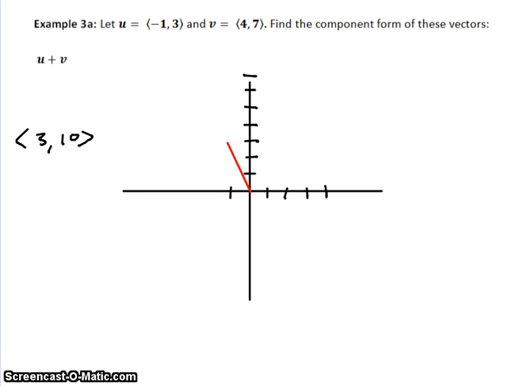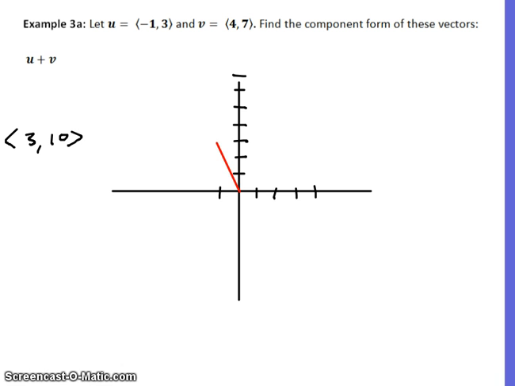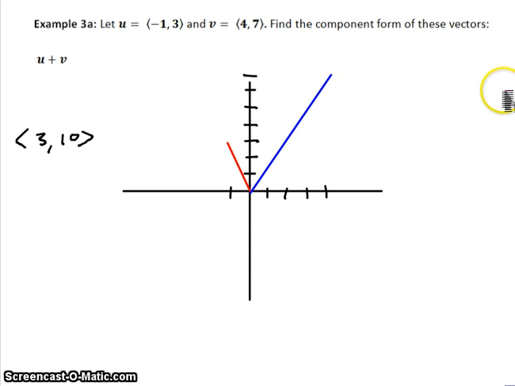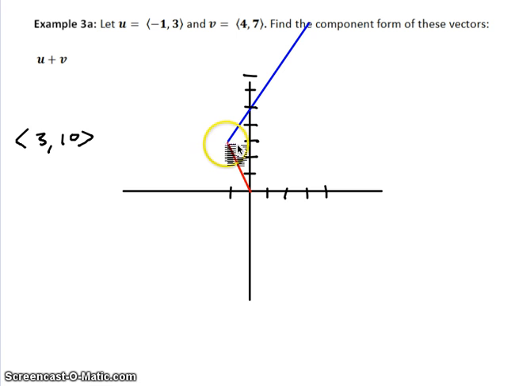Okay, so we got vector v right there. Now we want to know what u plus v looks like, and we can look at that by taking the initial point of v and connecting it to the terminal point of u.